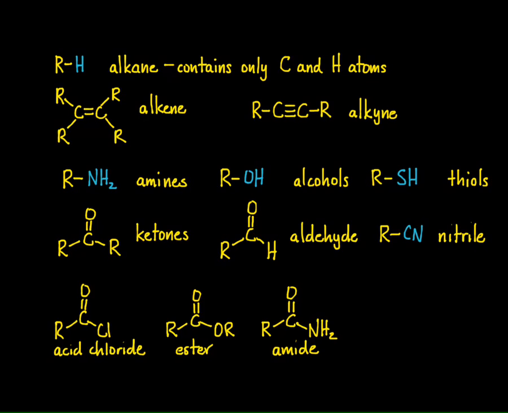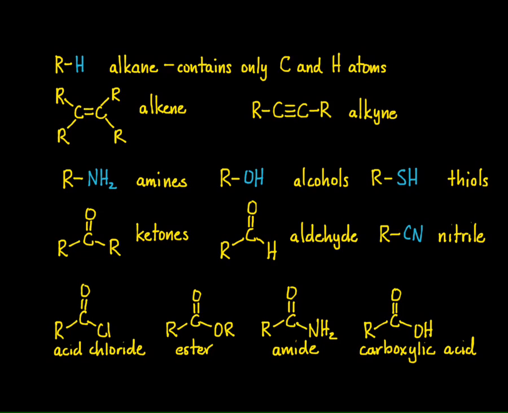Acid chlorides, esters, and amides are all what we call derivatives of this structure right here, where there's an OH coming off of the carbonyl. So notice I have an OH coming off of a carbon skeleton that's called an alcohol, but if I have an OH coming off that's connected to a carbonyl specifically with a carbon skeleton attached to it, it is called a carboxylic acid.